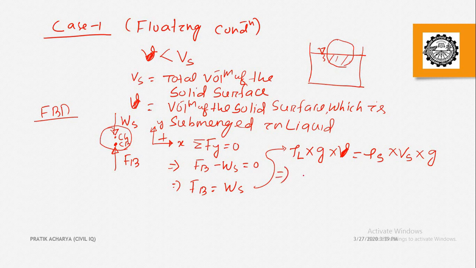If g cancels, the density of the liquid divided by the density of the solid body will be equal to the volume of the solid body divided by the volume that has been submerged. This is the equation.